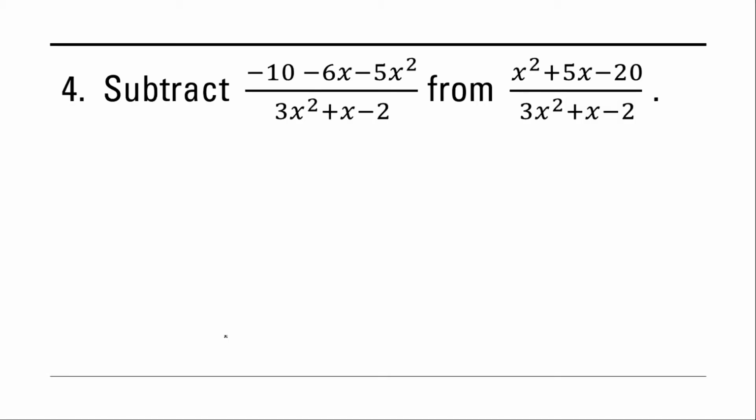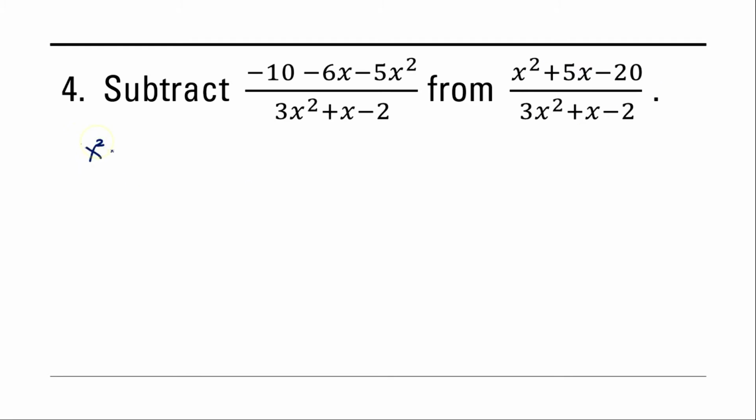Number 4, subtract negative 10 minus 6x minus 5x squared over 3x squared plus x minus 2 from x squared plus 5x minus 20 over 3x squared plus x minus 2. So dahil ang given ay subtract this rational expression from this rational expression, uunahin natin isulat itong pangalawang given.